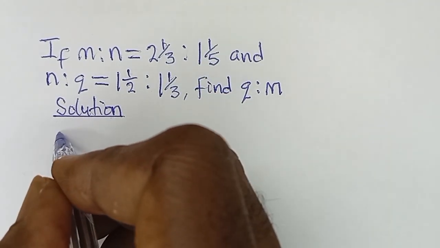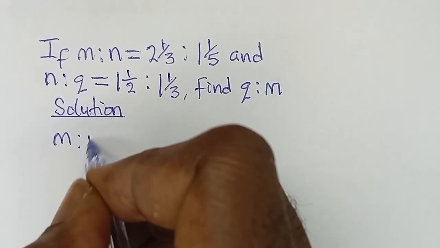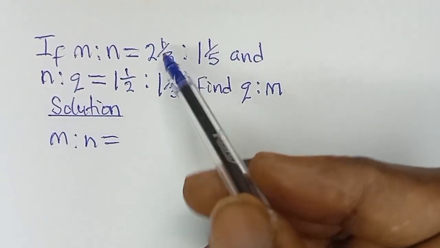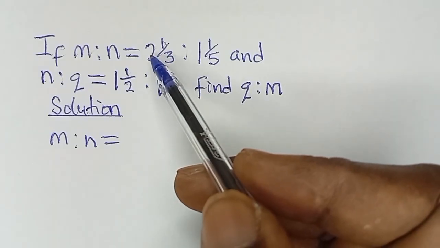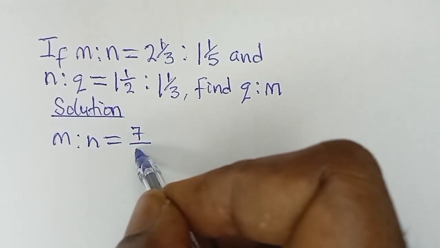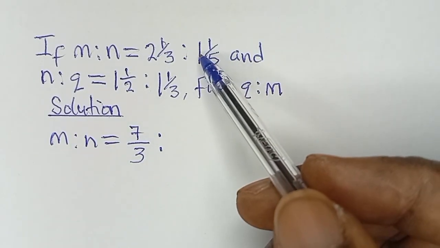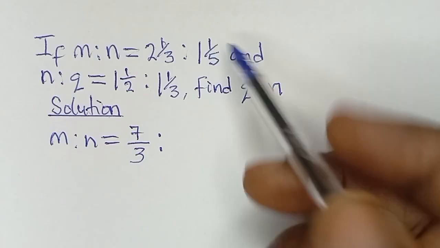So I can simply say the ratio of m to n is equal to 3 multiplied by 2, which is 6, plus 1, 7. So that will be 7 over 3, ratio 5 multiplied by 1, which is 5, plus 1, 6.